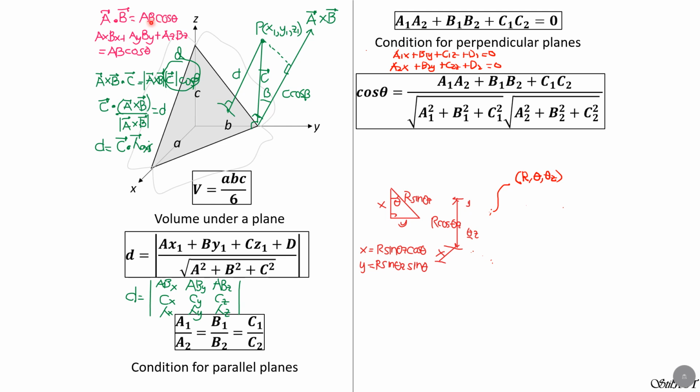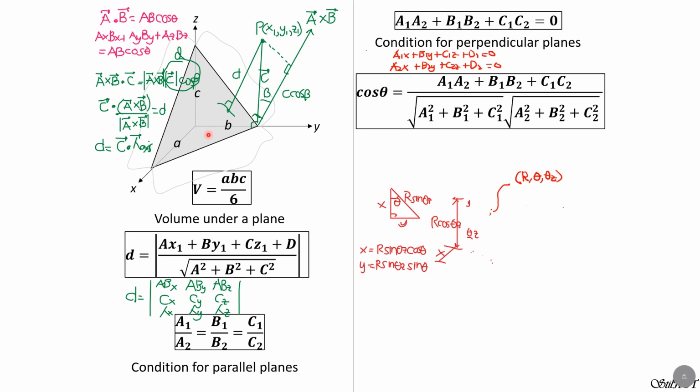You can compute the component of one in the direction of the other and vice versa. And the definition, if you expand a dot b, that is ax bx plus ay by plus az bz, which is the same as this in the numerator here, then divided by the magnitude of a times the magnitude of b, which is the magnitude of the first vector times the magnitude of the second vector. That's the interpretation, equals cosine of theta. They are similar.